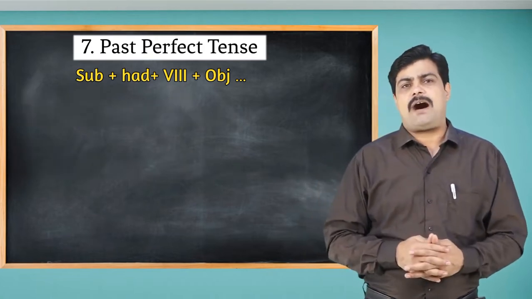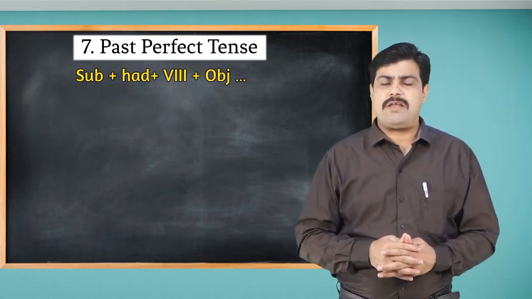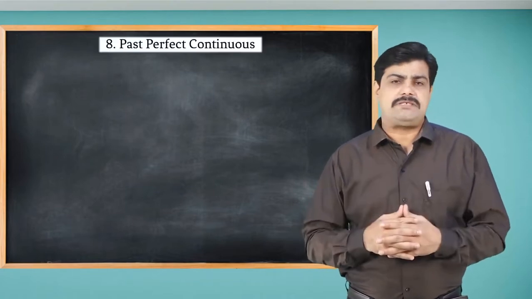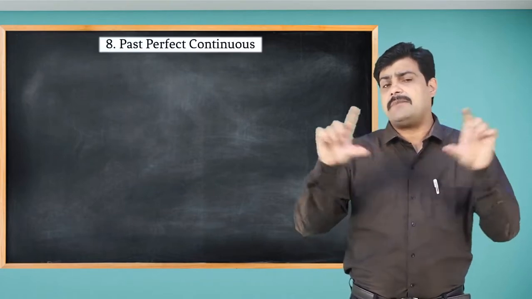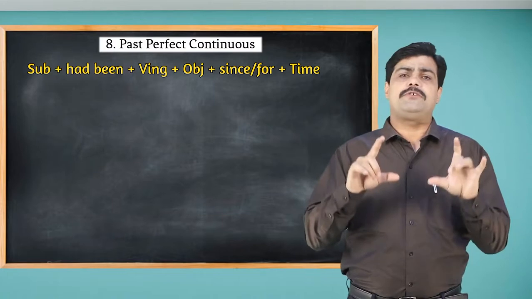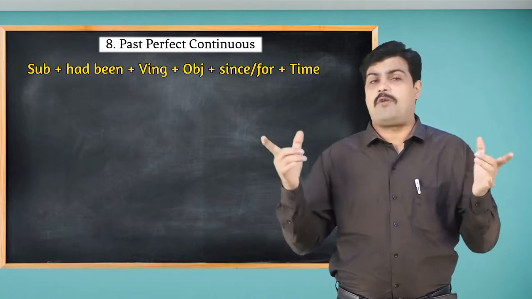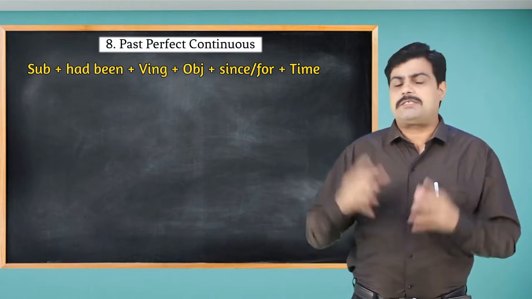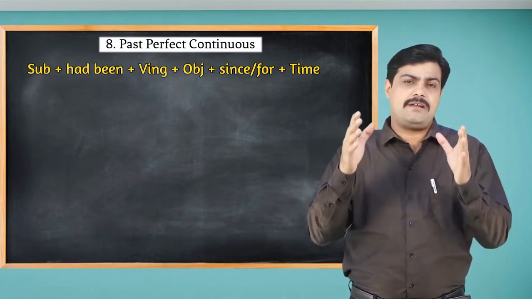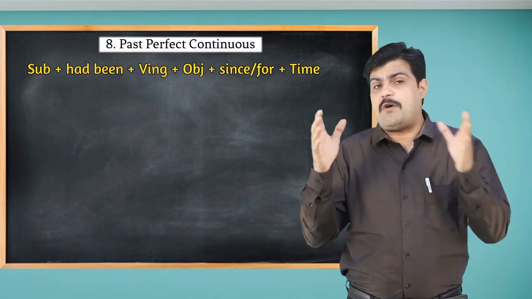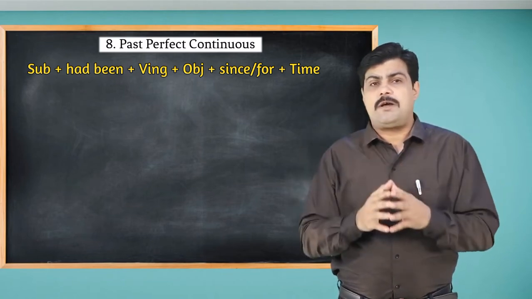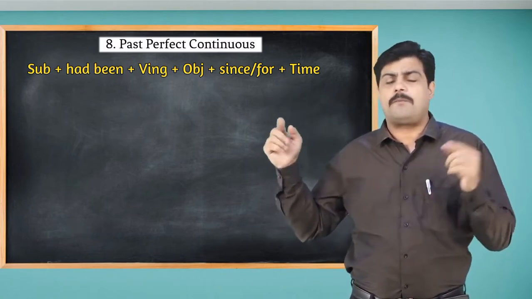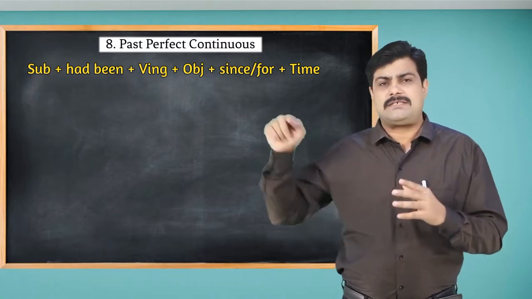Now let's take past perfect continuous. We know perfect continuous tense represent time duration, for which we use since or for. Here is the structure you see on the screen. Subject plus had been plus ing form of the verb plus object plus since or for plus time.